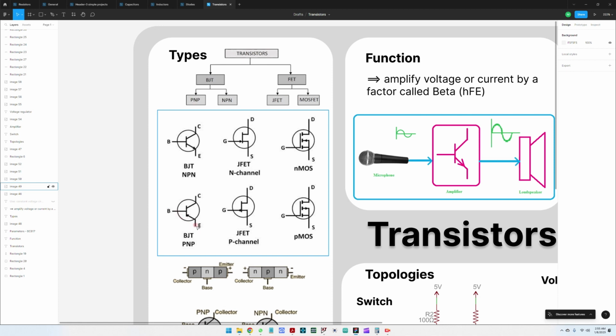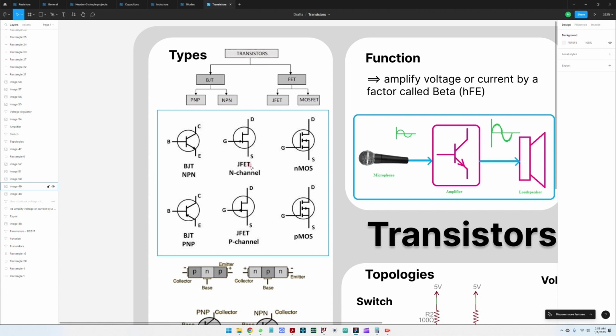And in this case, if there is a current flowing from the emitter to the base, it will allow current to flow from the emitter to the collector, but amplified by 300. So if you have a 10 microamp current from the emitter to the base, then you will have 30 milliamps from the emitter to the collector.